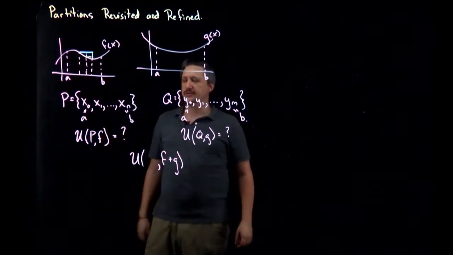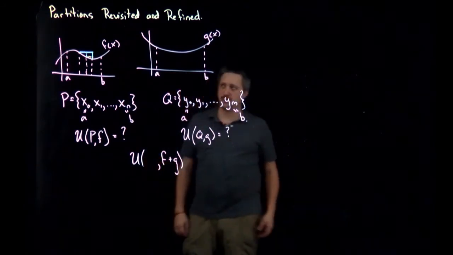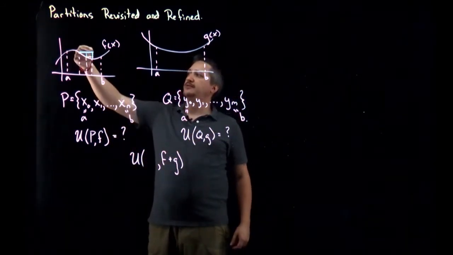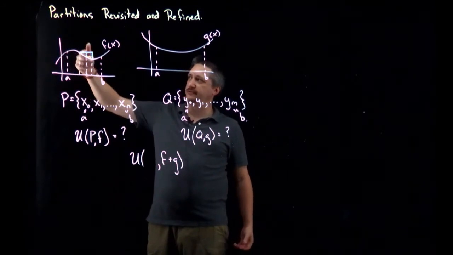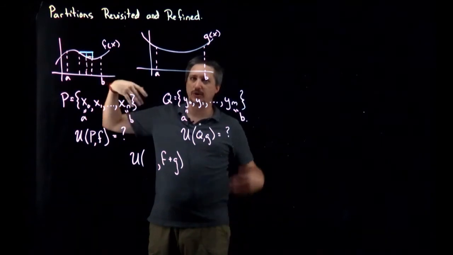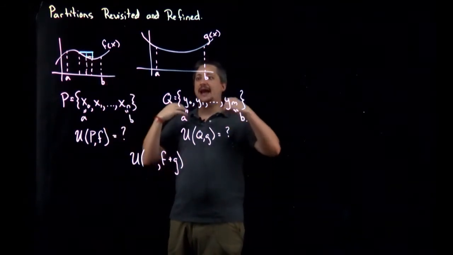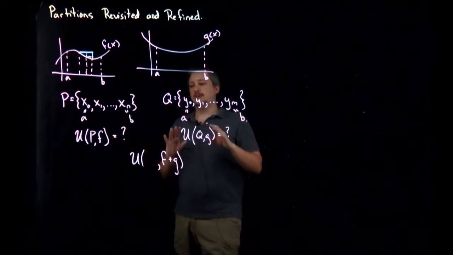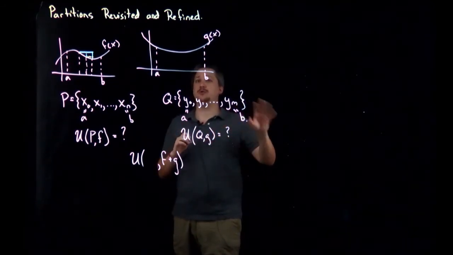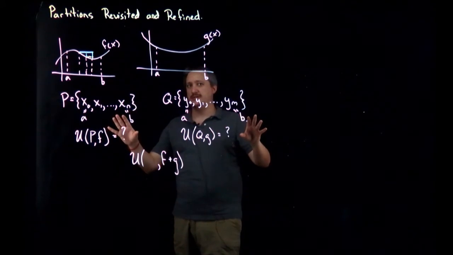Okay? This is a theme that's going to come up throughout the video. If I add more points, my upper sum is getting smaller, and even just looking at it, you can tell you're getting a more accurate approximation by adding more points. Now, I want to be very clear that there's a distinction between having more points and adding more points.